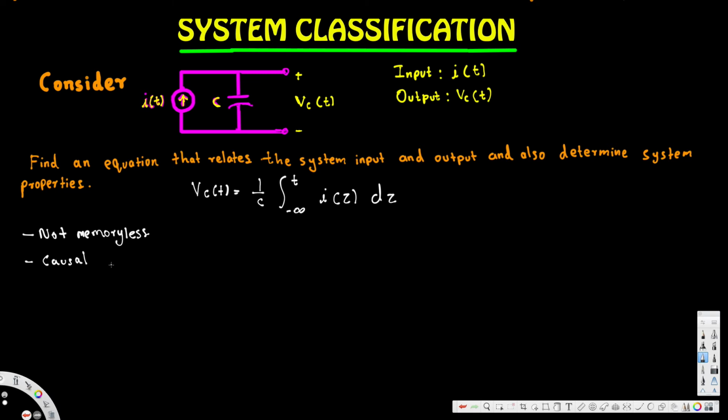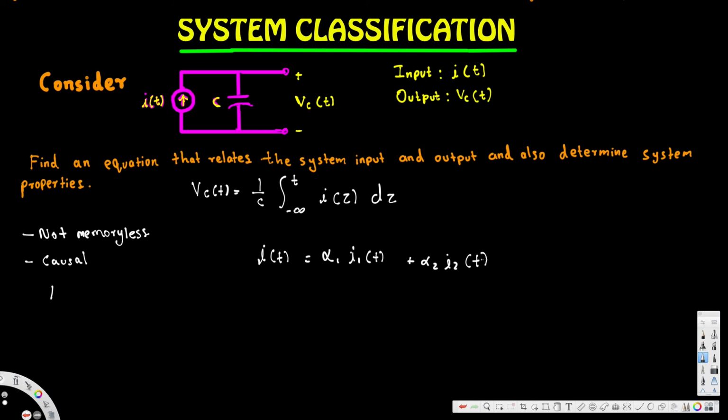The next thing is we can talk about linear. For a system to be linear, superposition must hold. To check linearity, we put the input current as a linear combination, let's say alpha 1 I1 of t plus alpha 2 I2 of t.